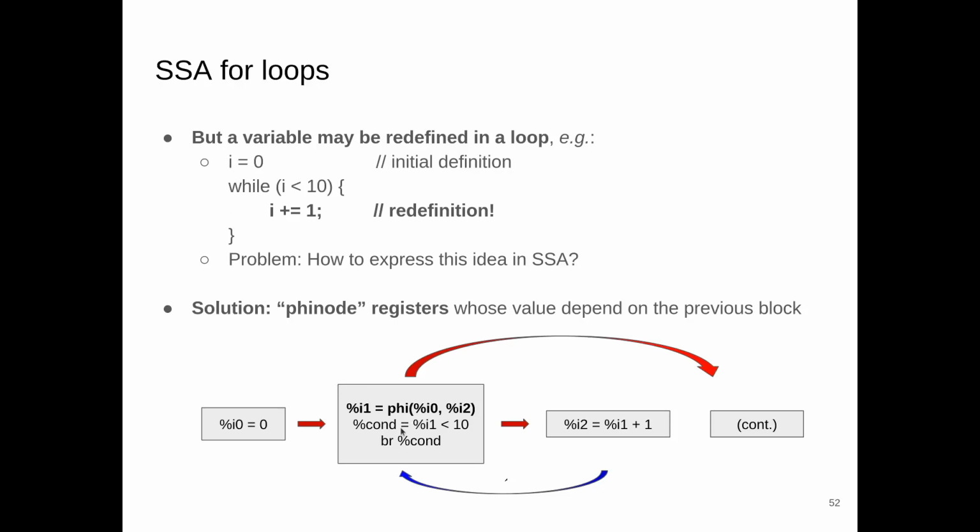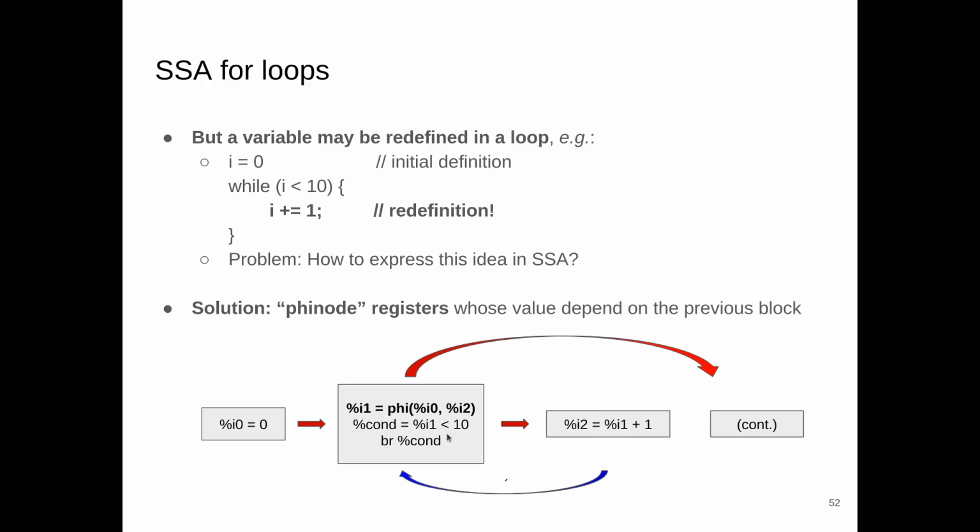And we're going to define I1, which is assigned I0 or I2, depending on from which block the control flow went. If the control flow went from this to this, then I1's value should be I0 here.